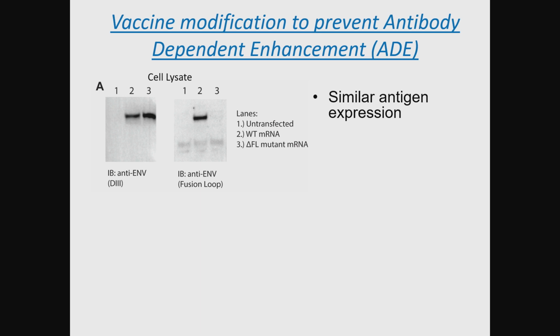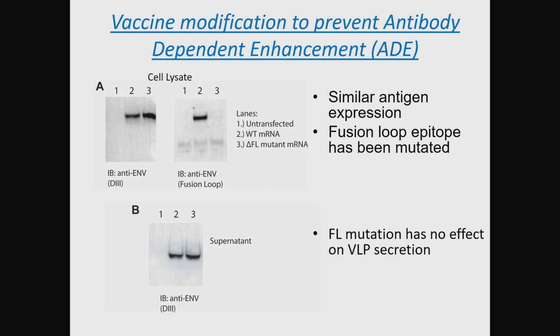In fact, we usually see slightly higher levels of the envelope protein in the mutant version. On the right, we're using the monoclonal antibody specific to the fusion loop, and you can see that we're no longer detecting a band with the mutant RNA transfected samples. So here we're showing that the fusion loop has been mutated in this construct.